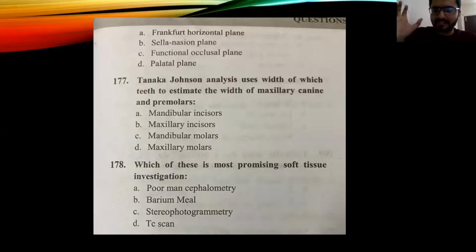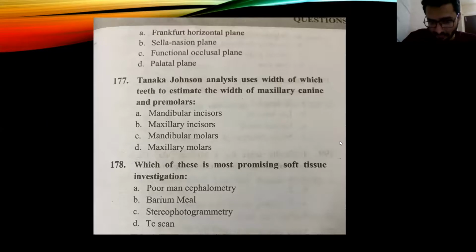You have to gain space, extract the teeth, perform serial extraction or do proximal stripping. You're predicting the future with mixed dentition analysis. So in Tanaka-Johnson, what are you going to use to predict that? Mandibular incisors. Great.